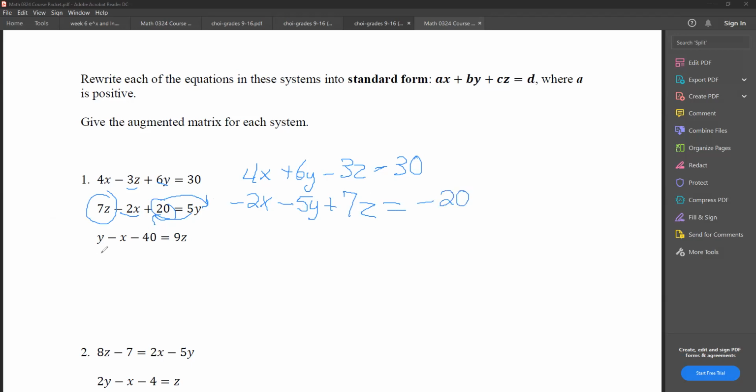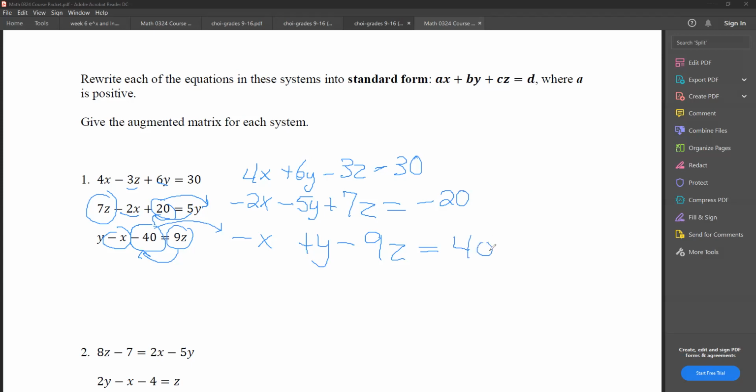Okay. And this third equation, now be careful, the negative goes with the x, so it'd be negative x plus y. The z moves over, so we change the sign, so it becomes minus 9z. And if I move the 40 over, the negative 40, it's a negative you're moving over, so it becomes a positive 40.